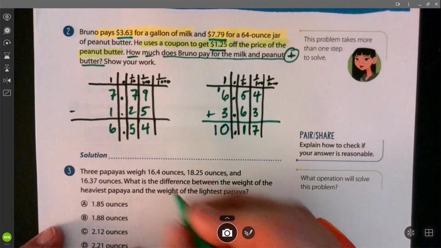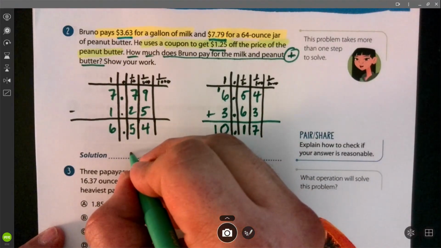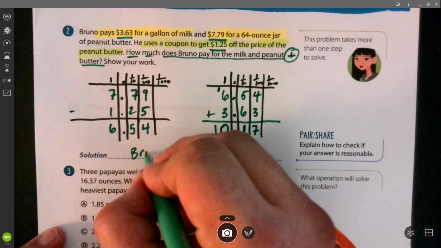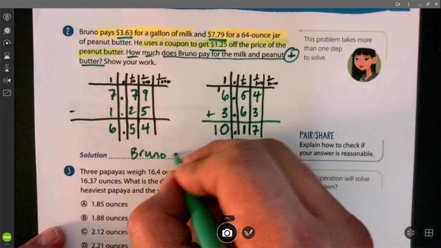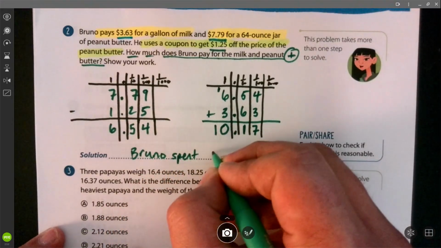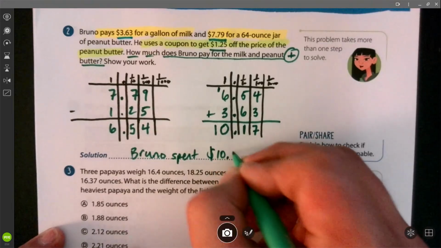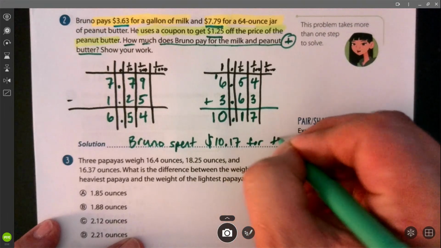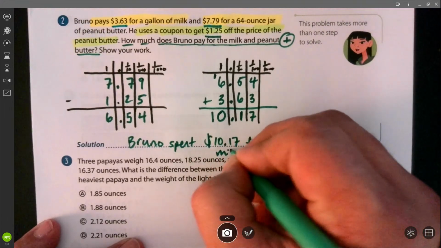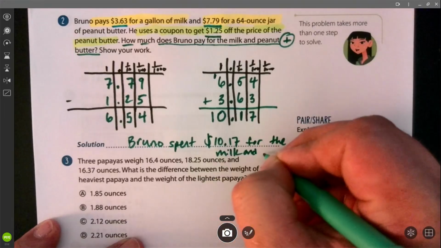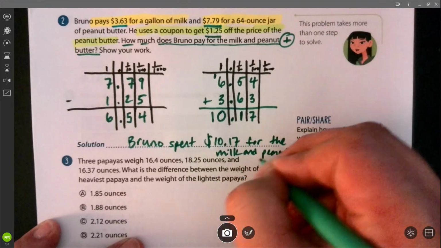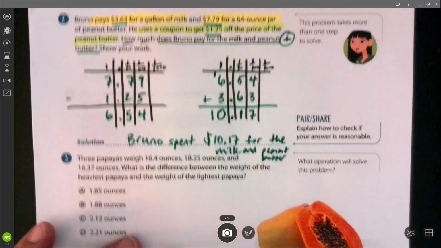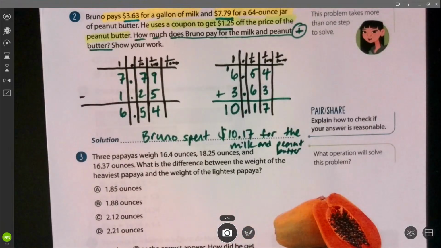That means that Bruno spent $10.17 for the milk and peanut butter.